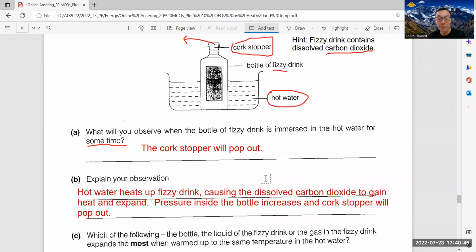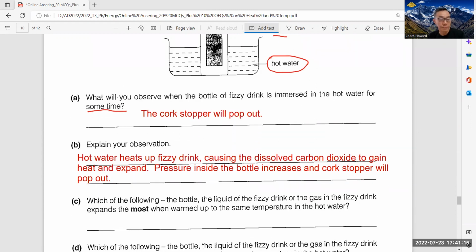The pressure inside the bottle increases, and the cork stopper will be popped out. So take note of this. I will snapshot this and send to you shortly. Okay, sent. So you take note of this.